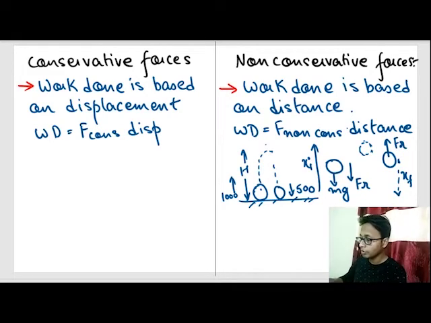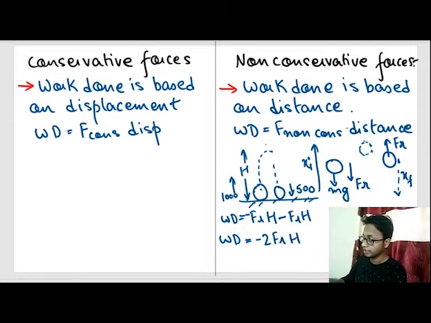Okay? So, work done by air drag forces or air friction forces is equals to minus of friction force into initial displacement minus of friction force into final displacement. Okay? Or work done is equals to minus 2 into friction force into displacement, into H. This work done can be also written as minus Fr into 2H.